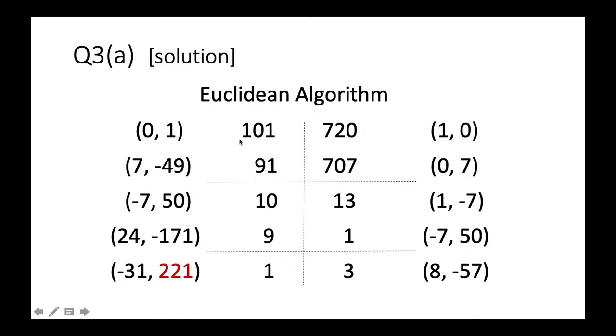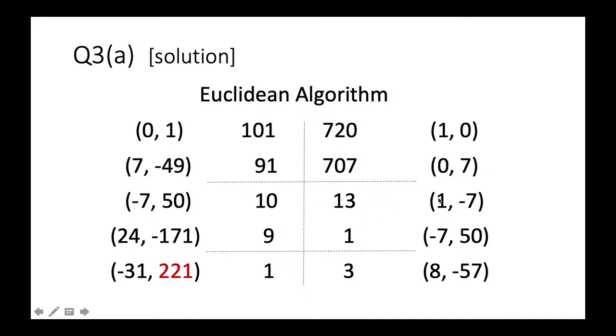Then we deduct as many multiples of 101 as possible from 720. This is going to be 0, 7, because 7 times this one is 0, 7. The resultant will be 1, 3, which comes from 1 minus 0 is 1, 0 minus 7 is minus 7.